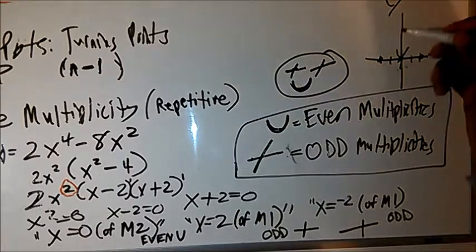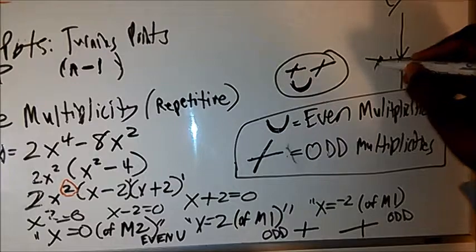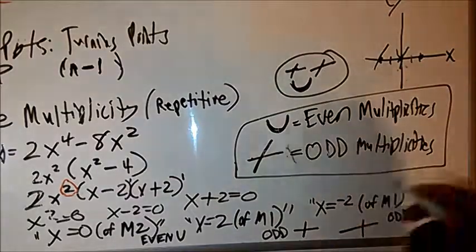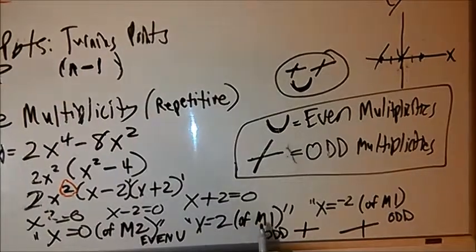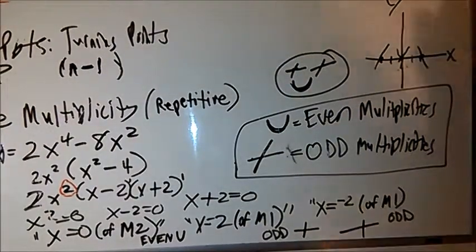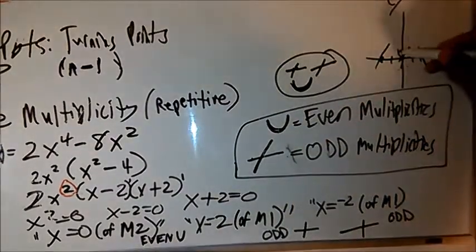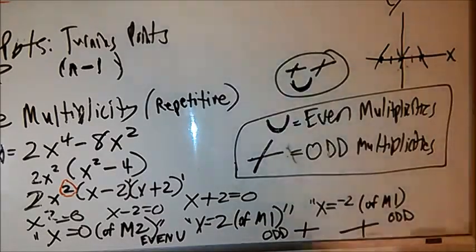Odd multiplicities are strange, and if they're strange, things tend to cross over there. This one, x equals 2, is of multiplicity 1. That's odd, it's strange, so it crosses over. But evens are happy faces. So the x-intercepts that have even multiplicities will just make a happy face, a touch and turn.